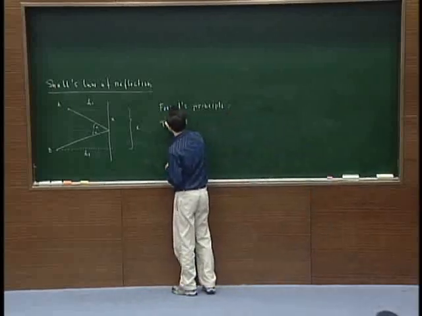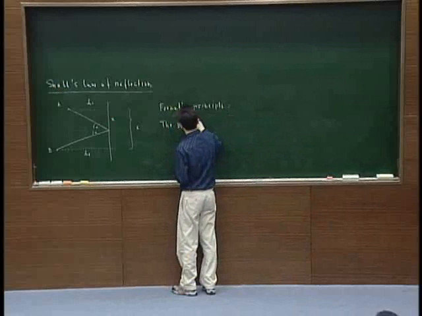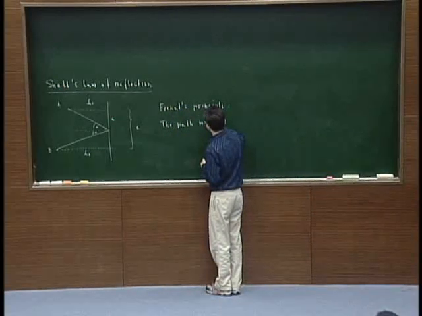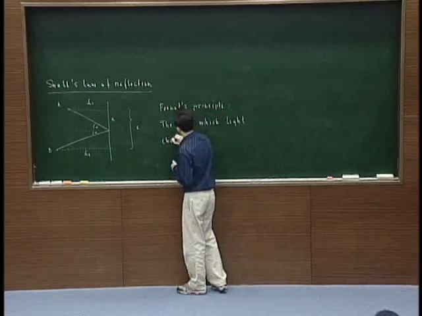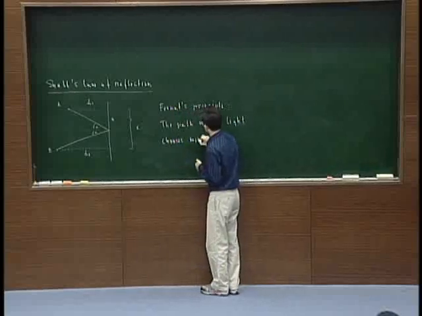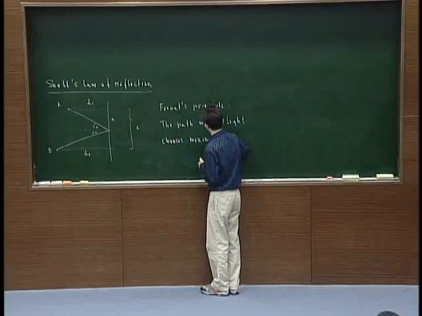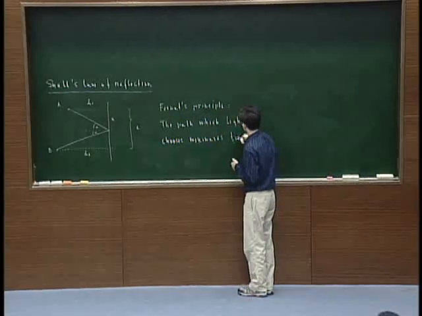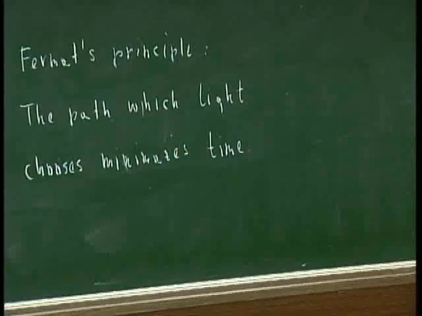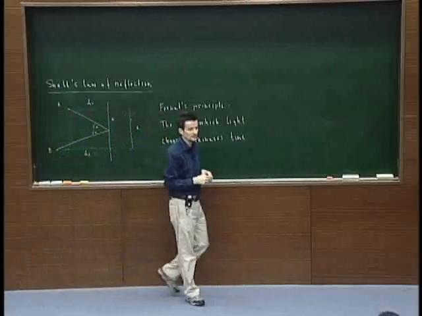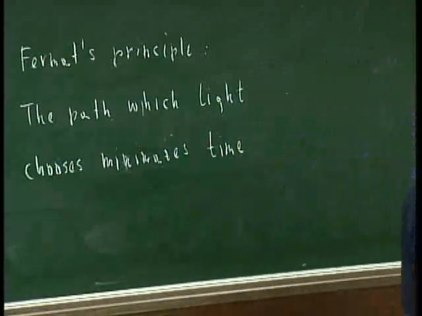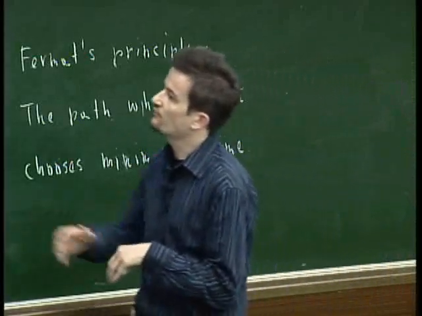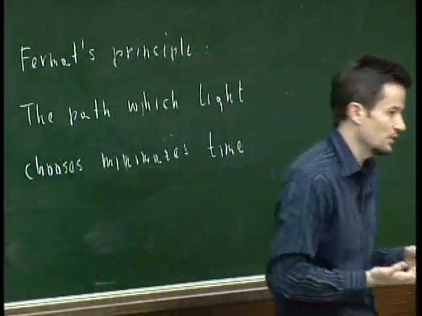The path which light chooses minimizes time. So the way light is traveling from A to B is in such a way that the time it takes to go from A to B will be as small as possible. Because of this principle, the problem of proving Snell's law of reflection essentially is an optimization problem.